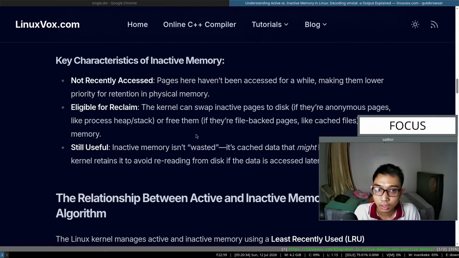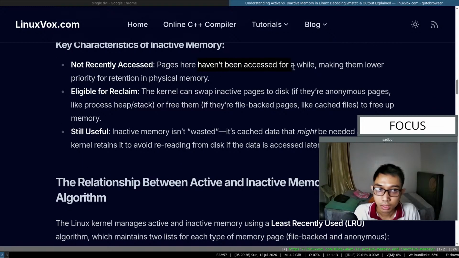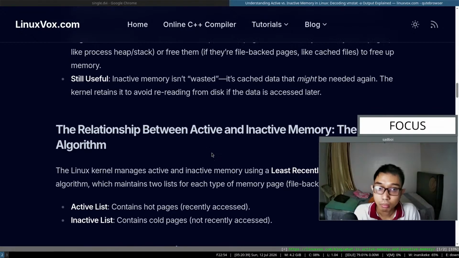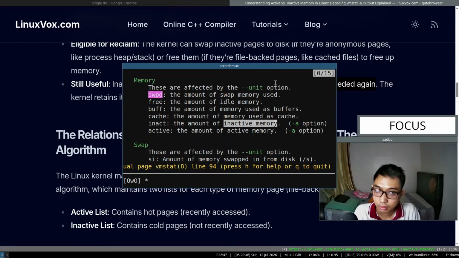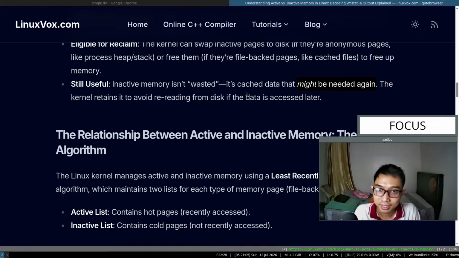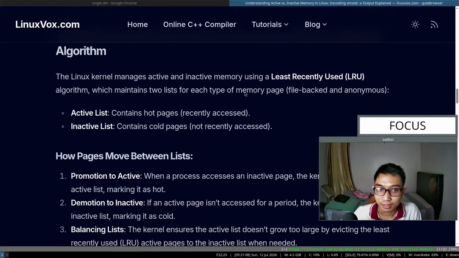The memory that has not been accessed for a while, but we might need again later. Maybe something like heap, like we allocate the heap memory, but we are not using that heap memory recently. Maybe, I'm still trying to figure things out here.